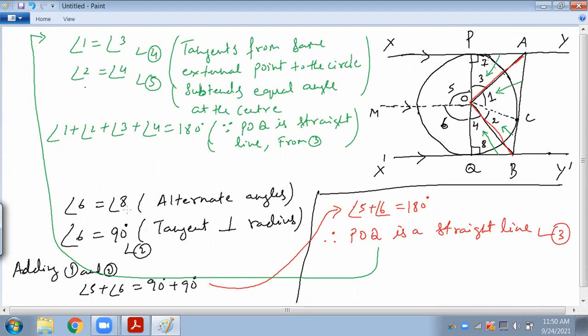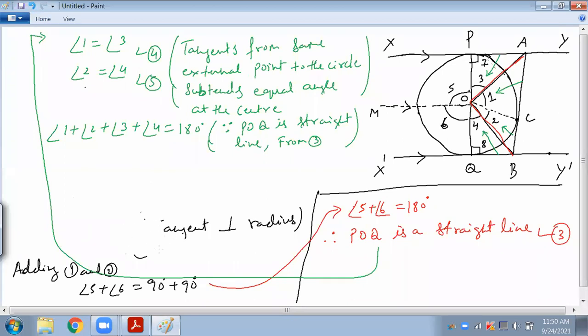Okay, now what you can do is, we need angle 1 and 2 only, so we can replace this 3 and 4. 1 plus 2 is what? 1 plus 2 is AOB. So instead of 1 plus 2, I can write angle AOB. And we don't need 3 and 4. Instead of 3, I can write 1.